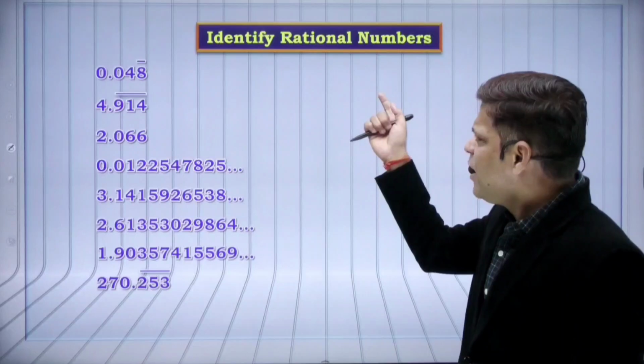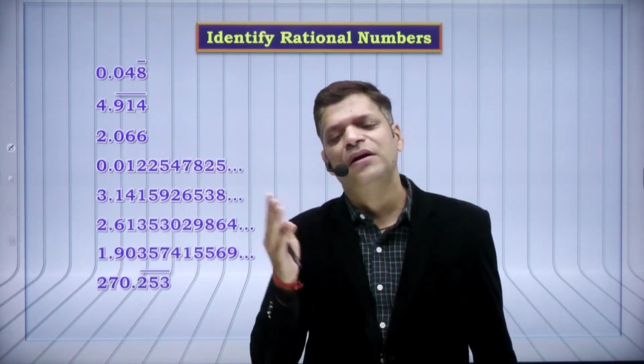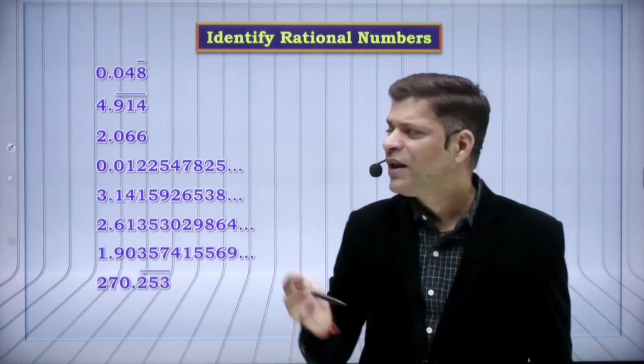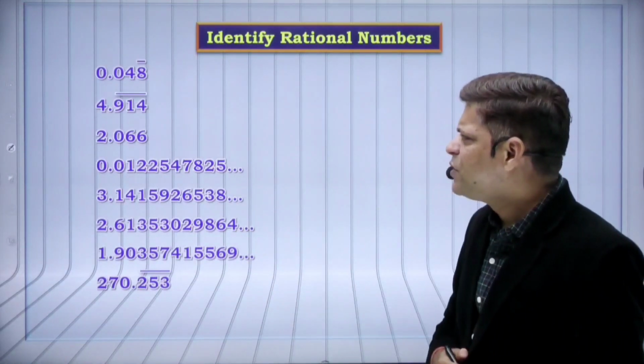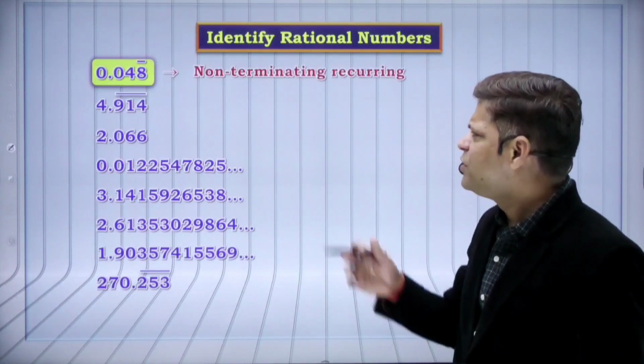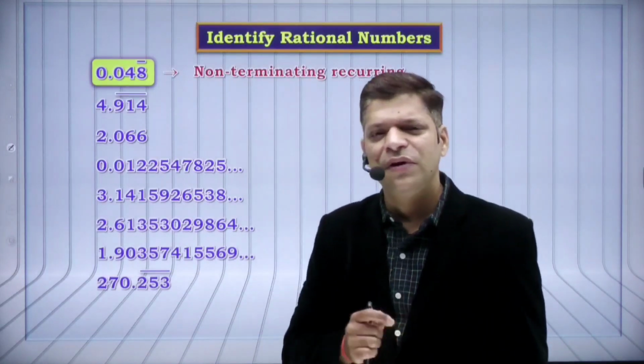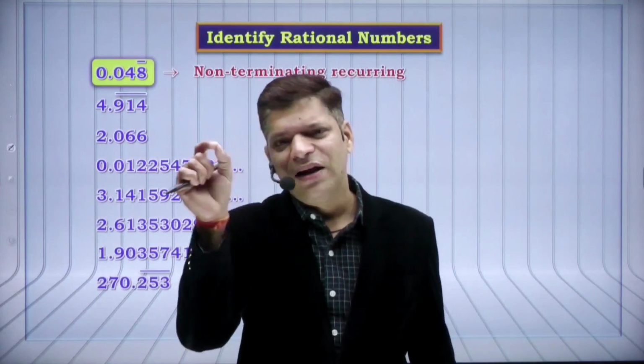Now for the next one, we have to identify which rational numbers are terminating and which are non-terminating and recurring. As we can see, the first one, 0.048 bar, is non-terminating recurring, because after the decimal one of the numbers is 8 on which the bar is applied.